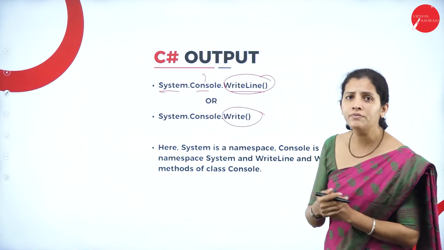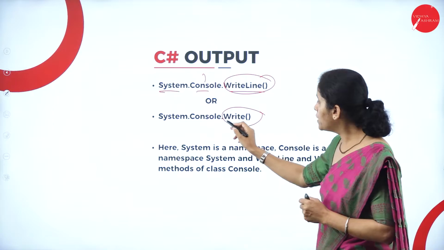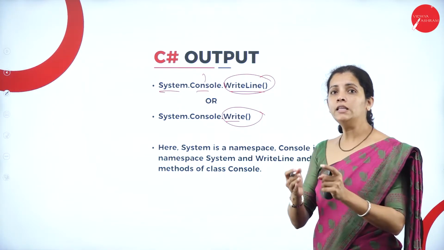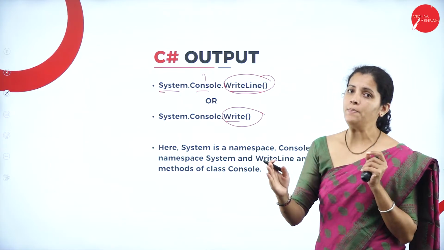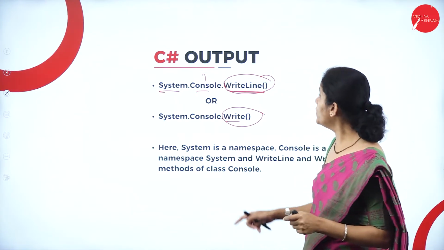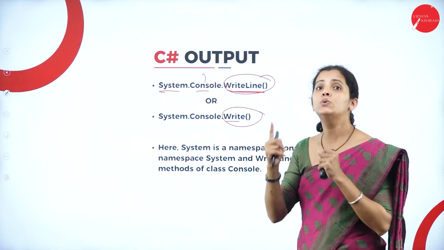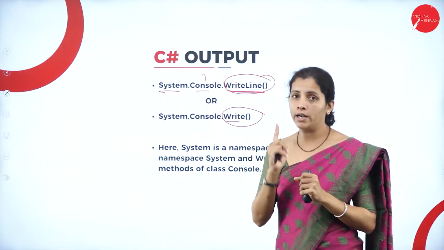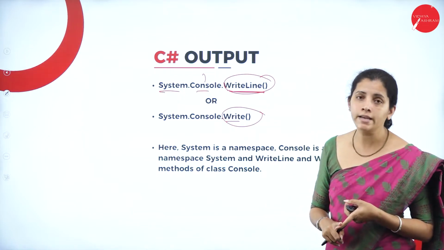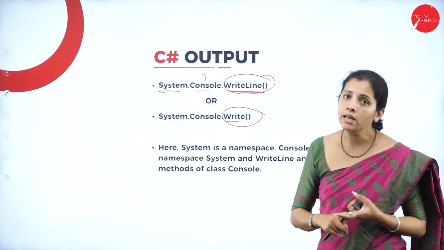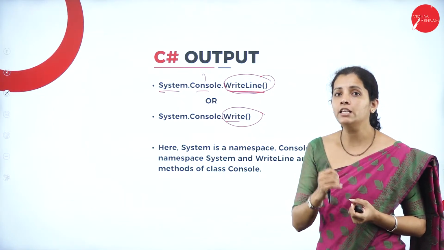So what's the difference here? Suppose if I go with Write, then I'm going to write the content on the same line. And if I go with WriteLine, what is line? That's nothing but the new line. That means whatever content I'm going to write or display, that is on my new line or in my next line.